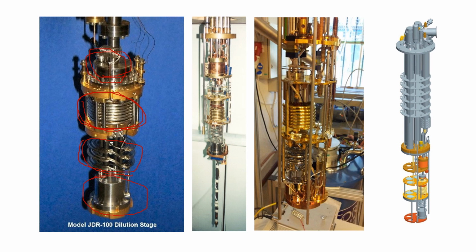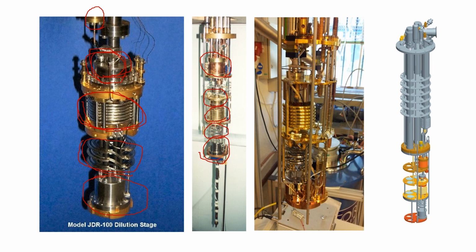In this figure, this is the mixing chamber, and there is a step heat exchanger and continuous heat exchanger, and the still is here. And up here we have the helium pot.